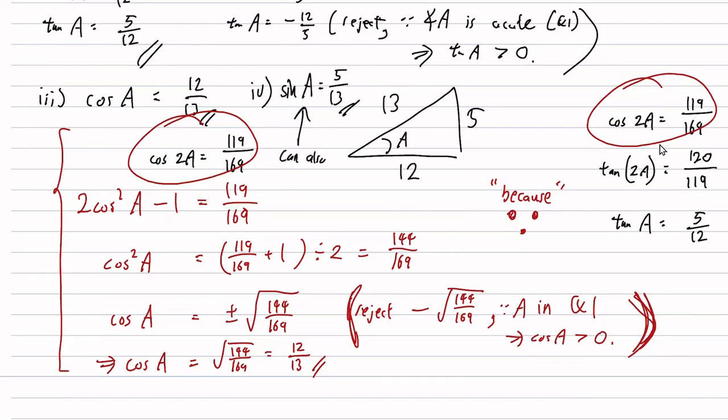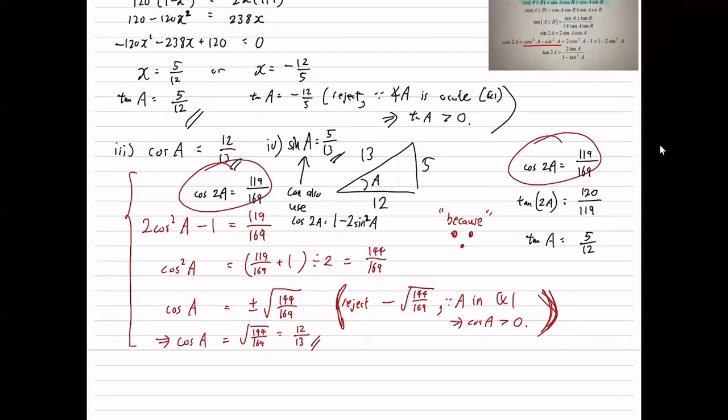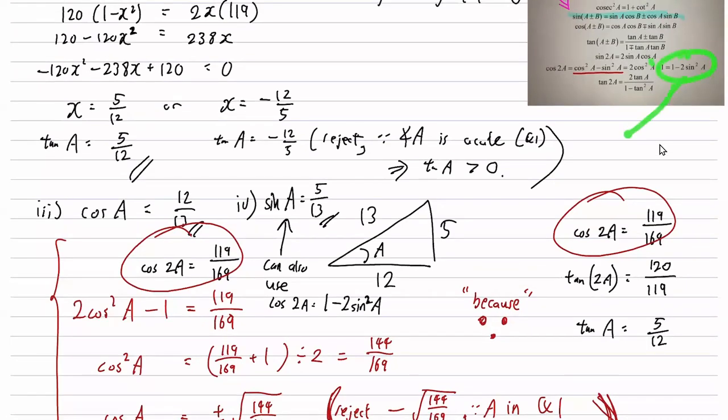Can also use cos 2A equals 1 minus 2 sine square A formula. I can't show the formula on the same page. Yeah, here. And then you just solve for sine square, take a square root, plus minus, reject the negative. You'll still end up with 5 over 13. Okay, moving on.